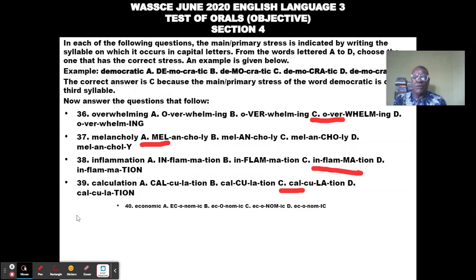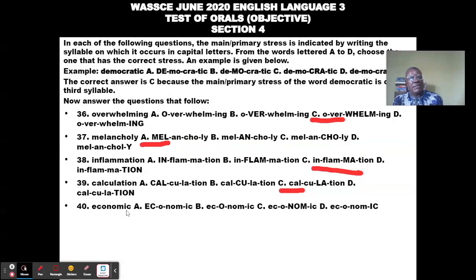Then question number 40, economic. And the same rule, because it ends in IC, is the second syllable before the end of the word, and that's what we have in C, economic. So this is the appropriate one.